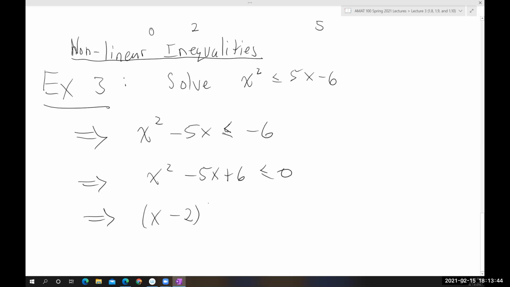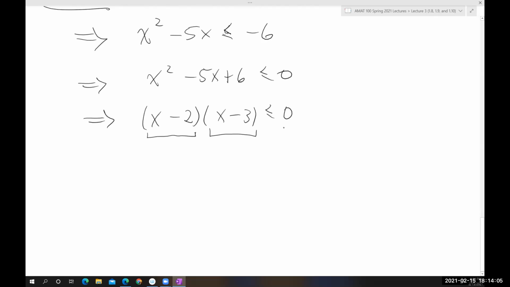So we get this. What this says is that we have this product of 2 numbers. Here's the first expression, and here's the other expression. So we have this product of 2 numbers, and it says that it's less than or equal to 0.